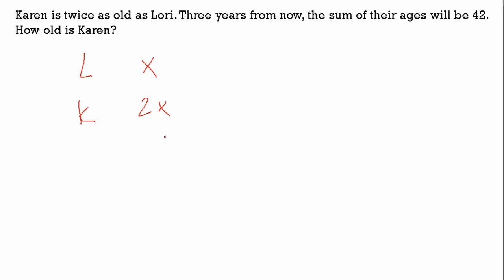3 years from now, the sum of their ages will be 42. So this is now, and this is going to be 3 years. In 3 years, Lori's going to be x plus 3 years. And in 3 years, Karen's going to be 2x plus 3 years.